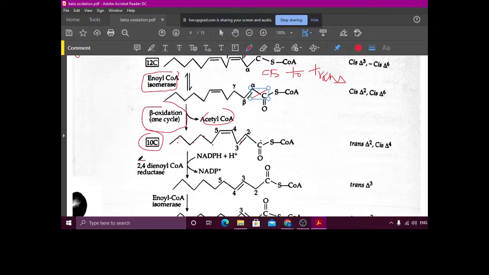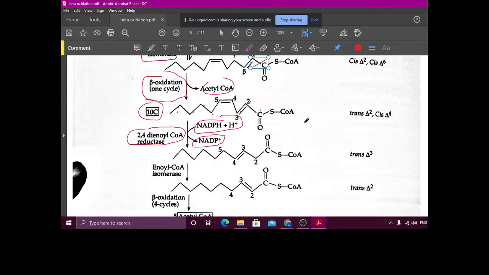Then 2,4-dienoyl CoA reductase works whenever that is there. One NADPH plus H plus is converted to NADP plus. In this reduction, 2 hydrogen atoms are added, so this bond disappears and only this one remains.